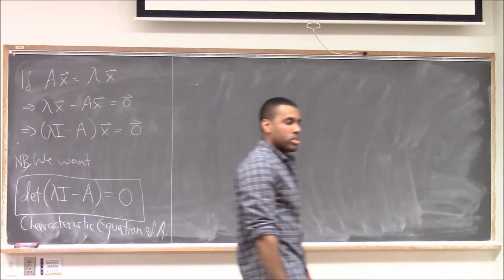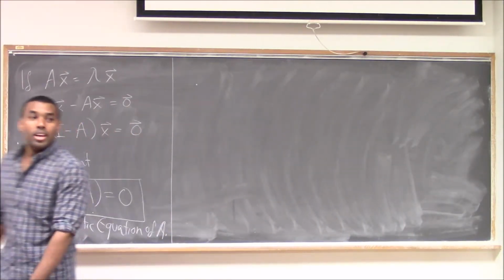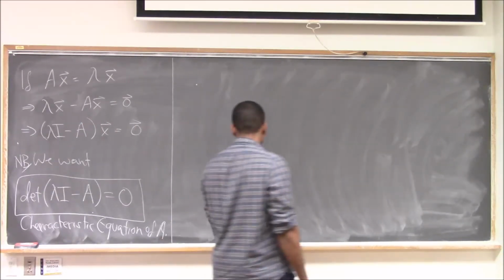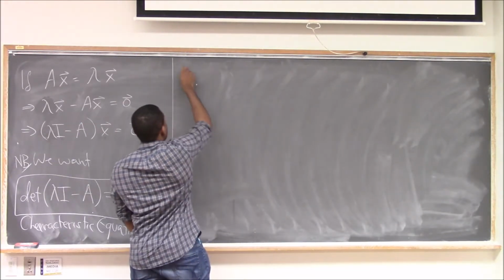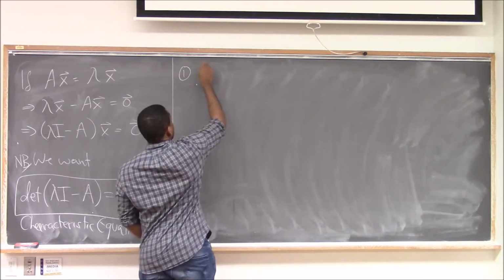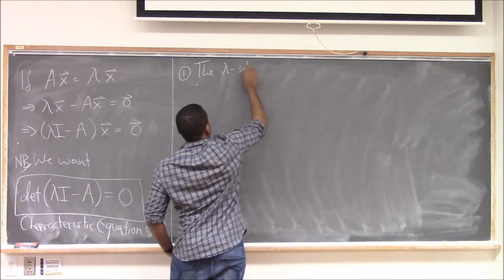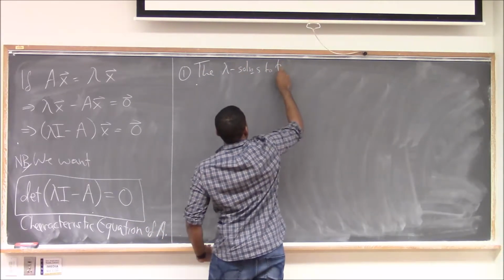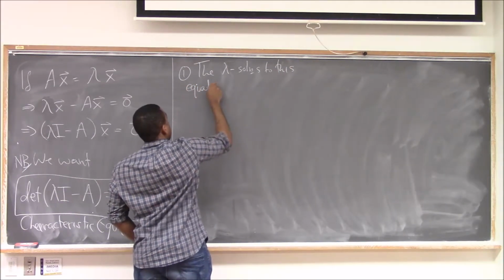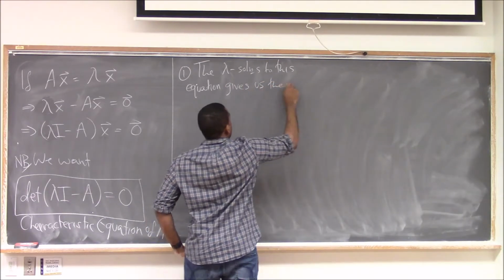In fact, we're going to use this to solve systems of differential equations. So that's called the characteristic equation for the matrix. So the idea is, here's how we can find our eigenvalues and eigenvectors. The lambda solutions to this equation give us the eigenvalues.